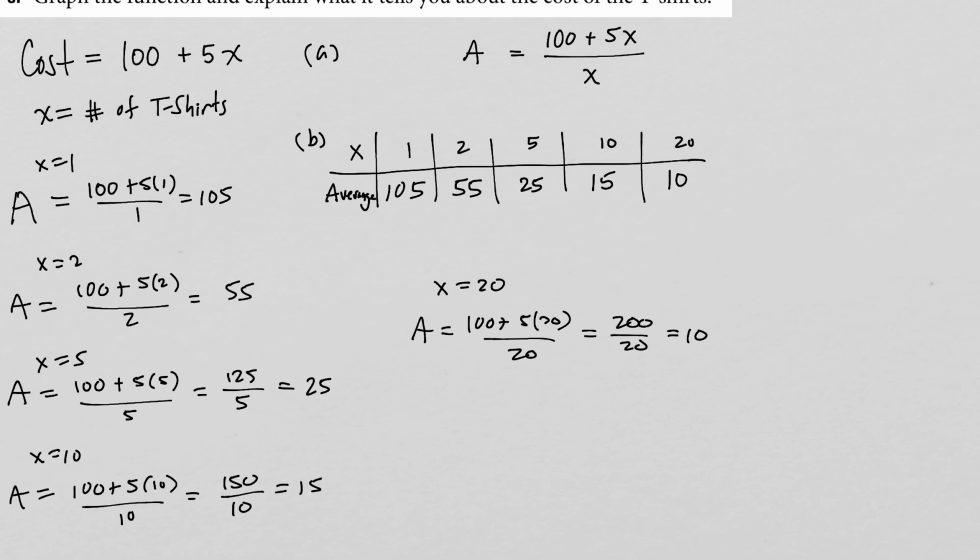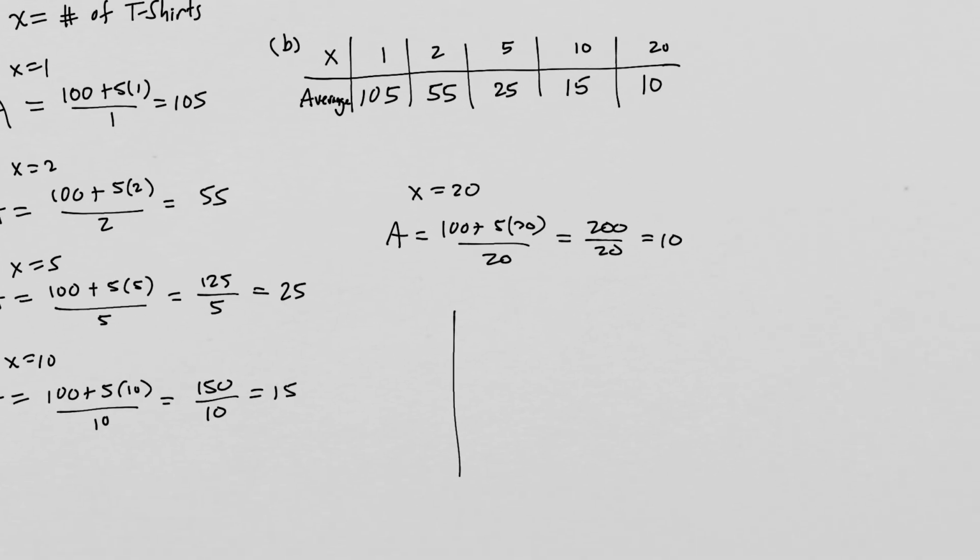All right. Now, if you go to graph this, what you're going to see is that when you make 1 t-shirt, it's a very, very high number. When you make 2 t-shirts, it's a little bit lower, etc. But it's really not until you get to like 5 t-shirts where now the cost is $25.